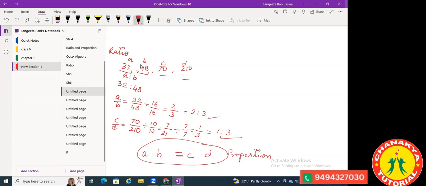But in this case, what is it? First one is 2:3. Second one is 1:3.